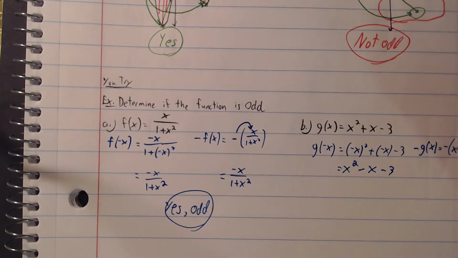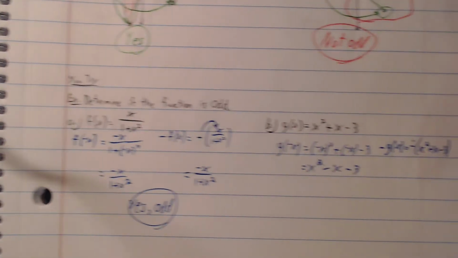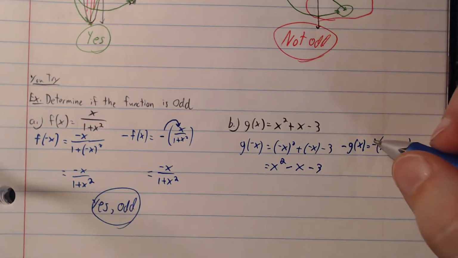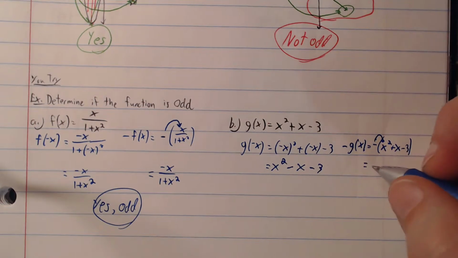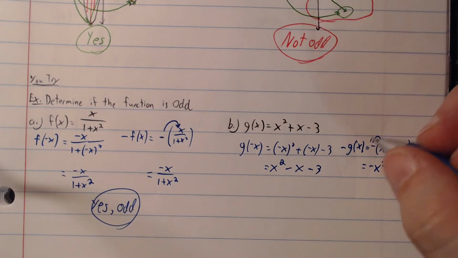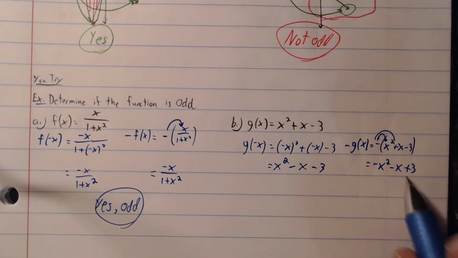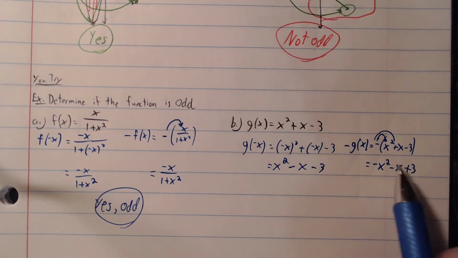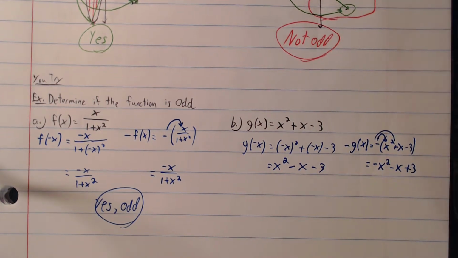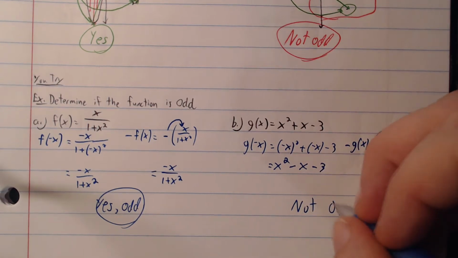That means I'm going to have to distribute this negative sign. If I distribute the negative sign, we get negative x squared, which I can already see is a problem. Minus x and plus 3, again, another problem. So right off the bat, looking at the negative and positive x squareds, that's not going to be good. This is not odd.